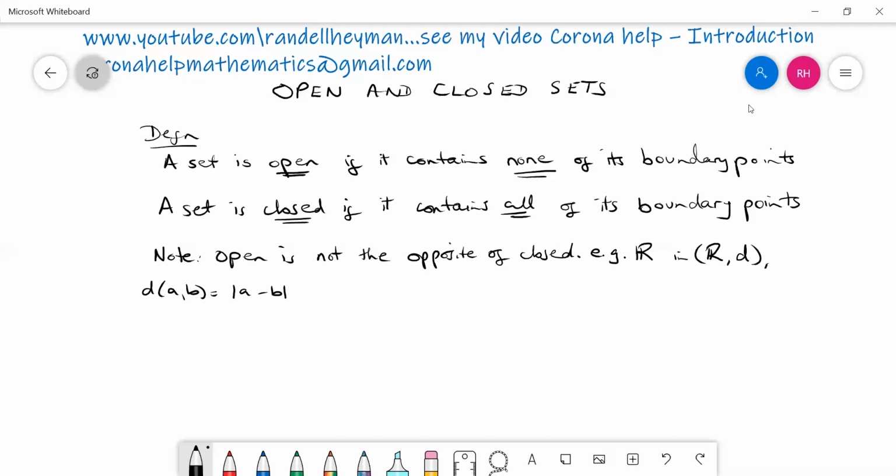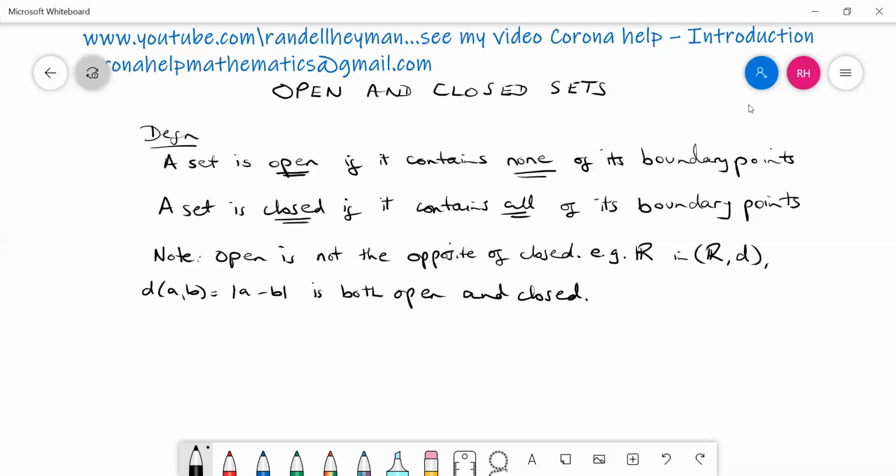So this set R is both open and closed. And the reason for that is that it actually has no boundary points, so it satisfies both conditions.